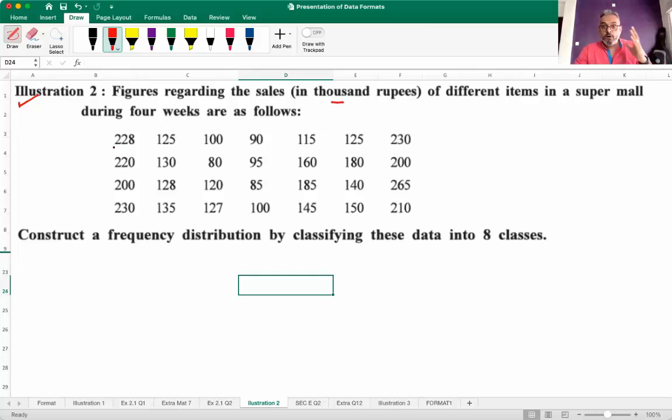That information is given for 4 weeks. Daily sales are given. We have to construct a frequency distribution by classifying these data into 8 classes.